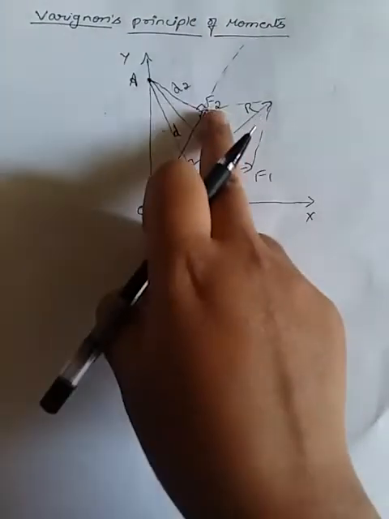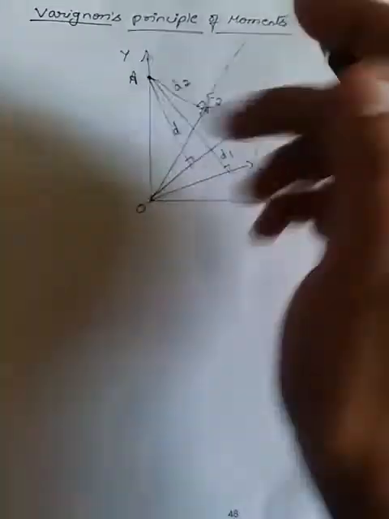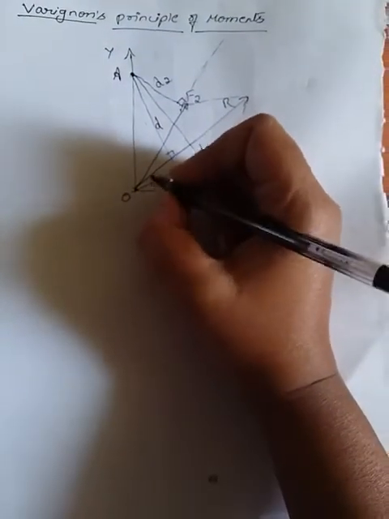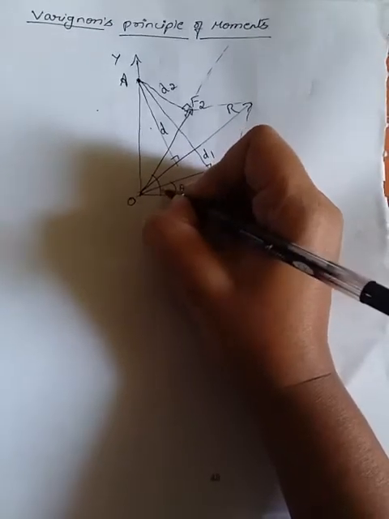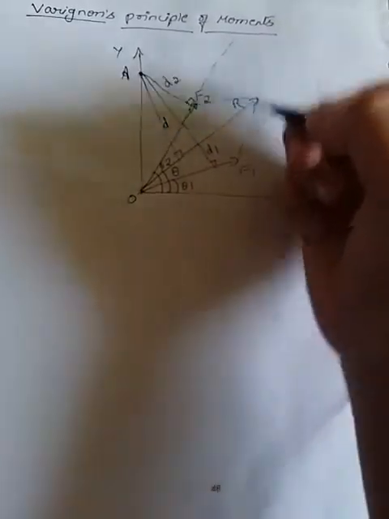For F1 the perpendicular distance is D1, for F2 it is D2, and for R it is D. Similarly, I am going to take the angles: for F1 it is theta 1, for F2 theta 2, and for R it is theta.